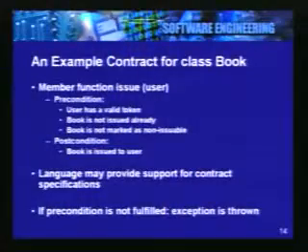So, a language may provide support for contract specification. For example, Eiffel provides direct support. If there is no support in the language for contracts, then you can use assertions in your programs. On paper, you can first design the classes and you can then map that to implementations using assertions.